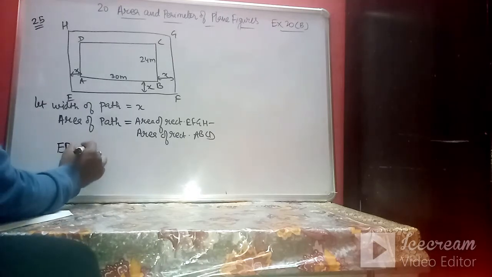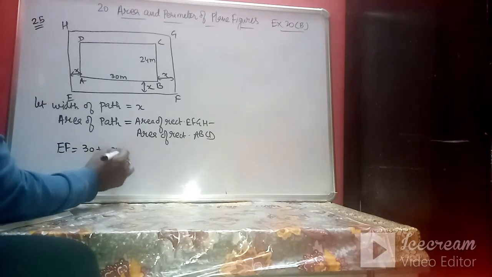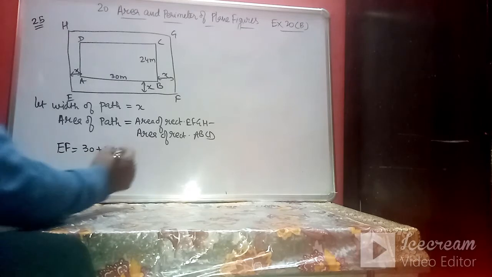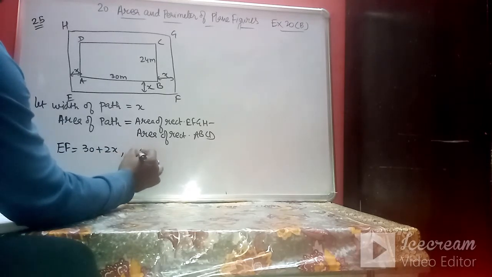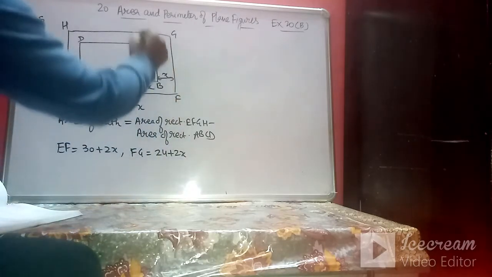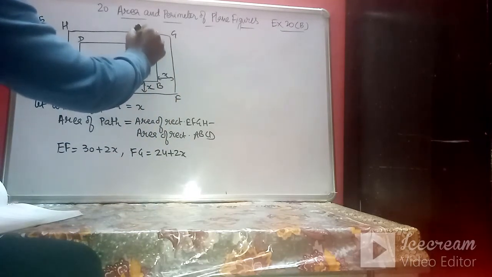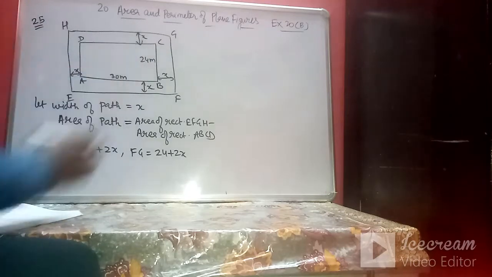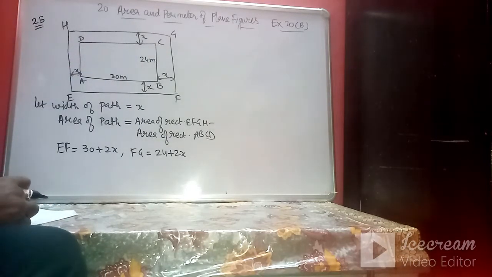So EF will be 30 plus 2x. And what is FG? Similarly, FG will be 24 plus 2x. This is x and this is also x, so x plus 24 plus x is 24 plus 2x.